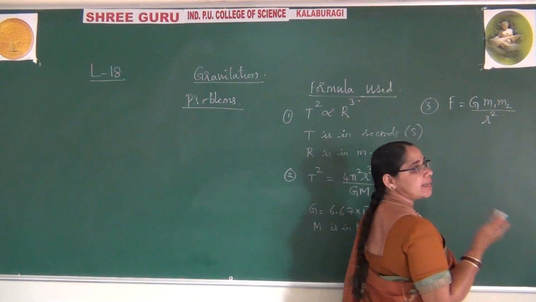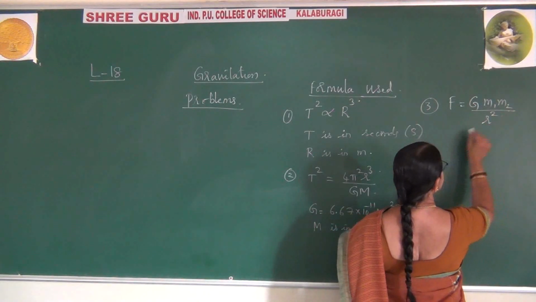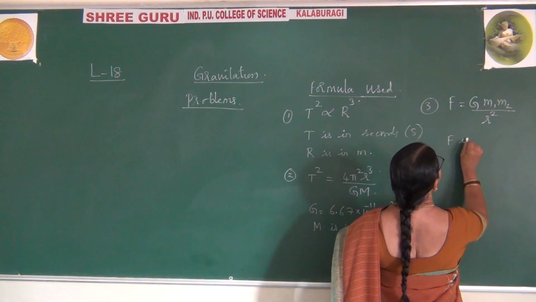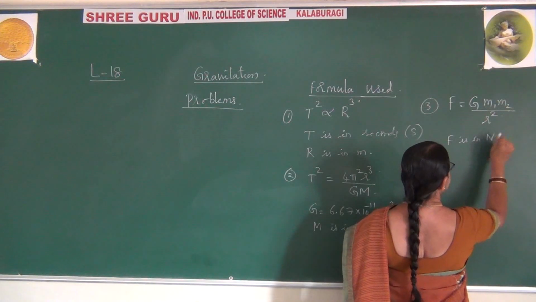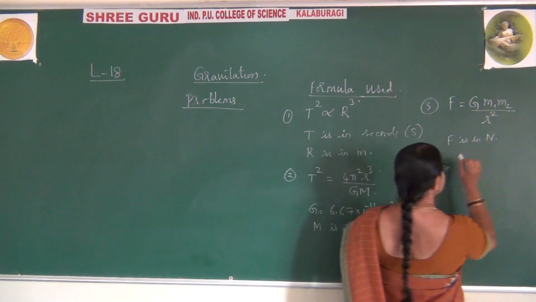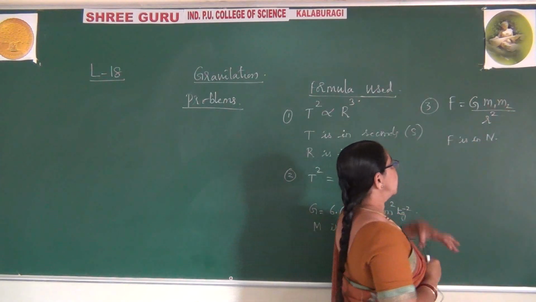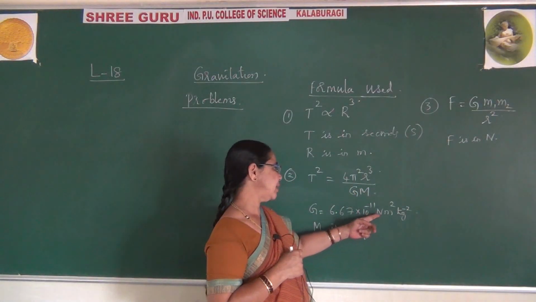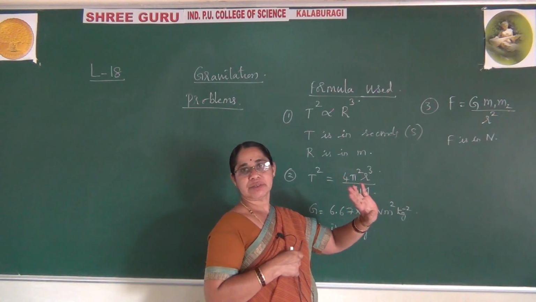Suppose r is a distance, this distance is measured in meters. F is measured in Newton. And what is mass? Mass is measured in kgs, and the value of G you already know, 6.67 into 10 raised to minus 11 N m square kg to the power of minus 2.